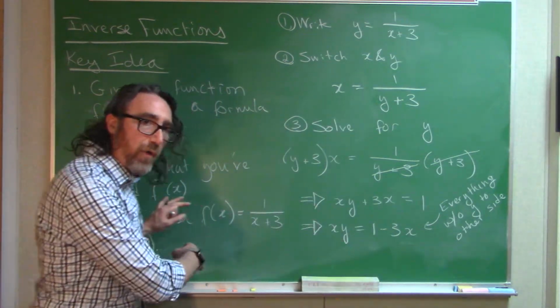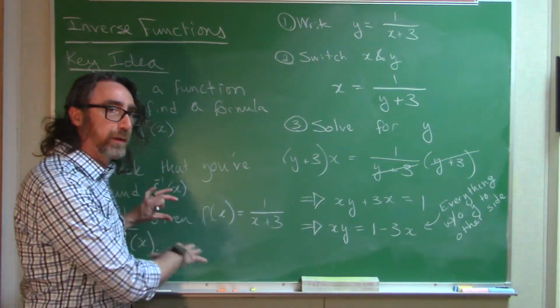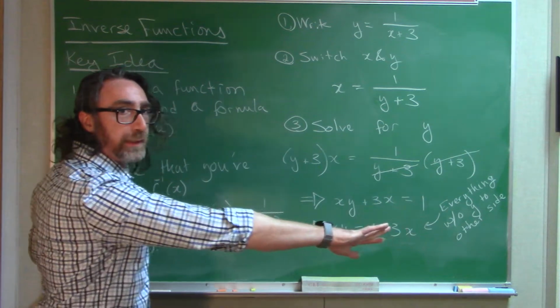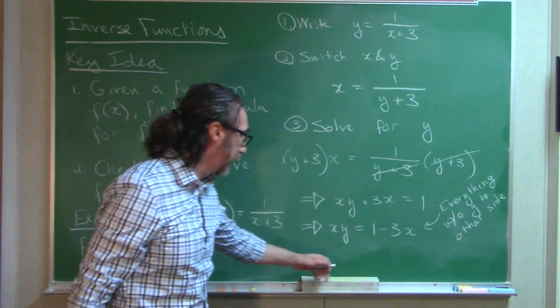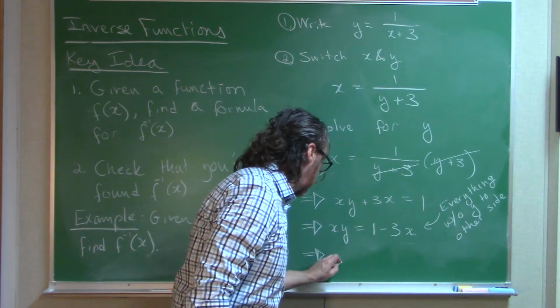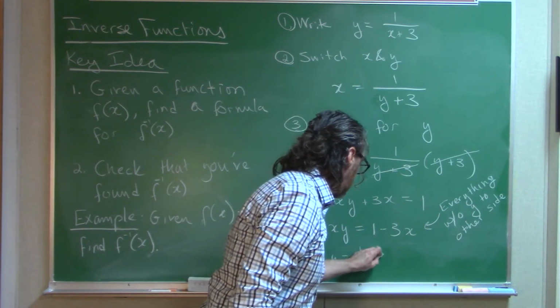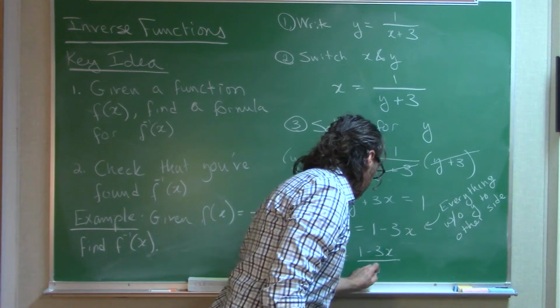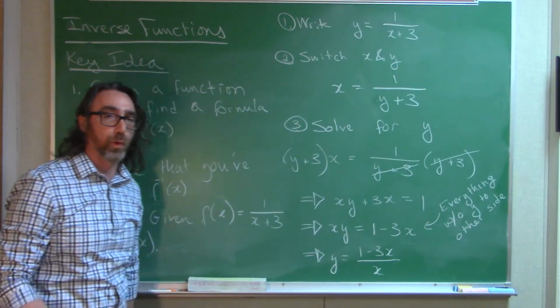Everything that does have a y should be on the left. Everything that doesn't have a y, we need to get over to the right. And now, to get y by itself, I can divide. Okay, 1 minus 3x over x.